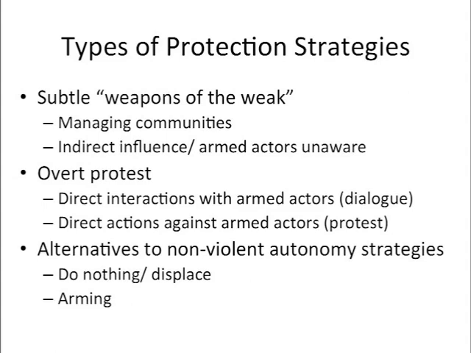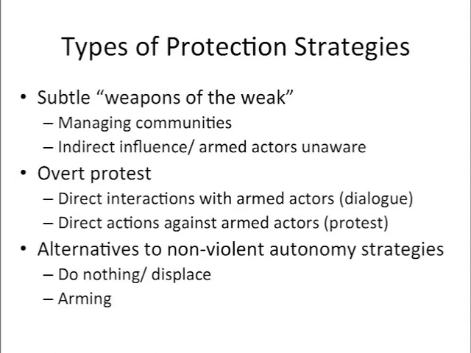Oftentimes armed actors may not even be aware that the community is taking these actions. Another set of actions is overt protest. These are direct interactions with armed groups, perhaps dialogue, or direct actions against armed groups, including protest or other actions that armed groups may not be very favorable towards.